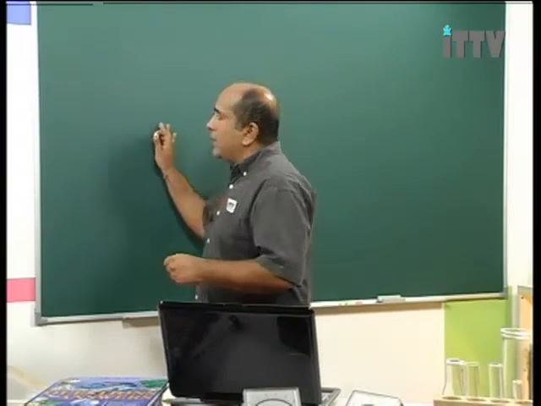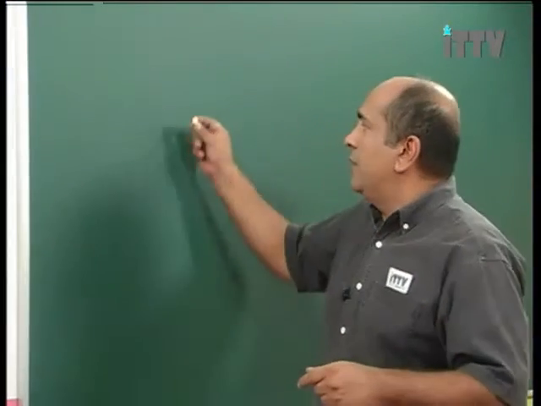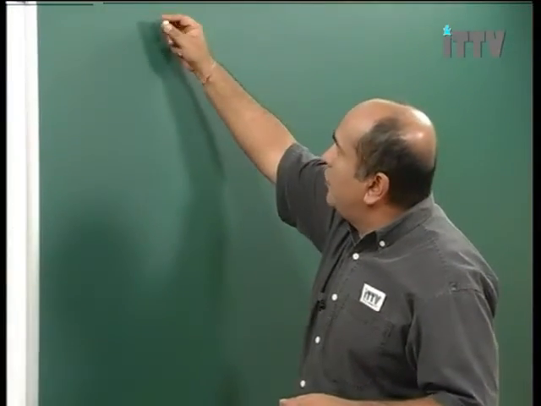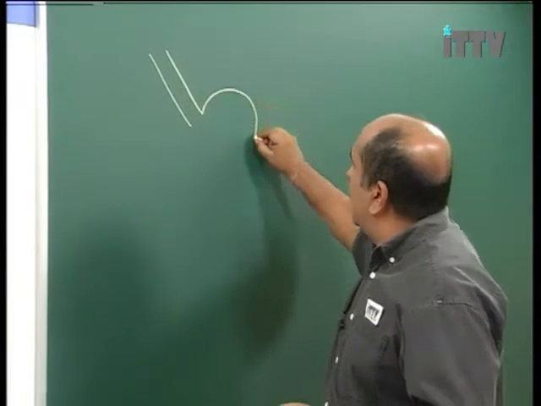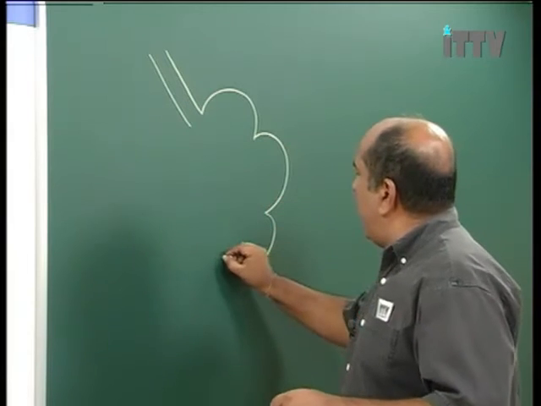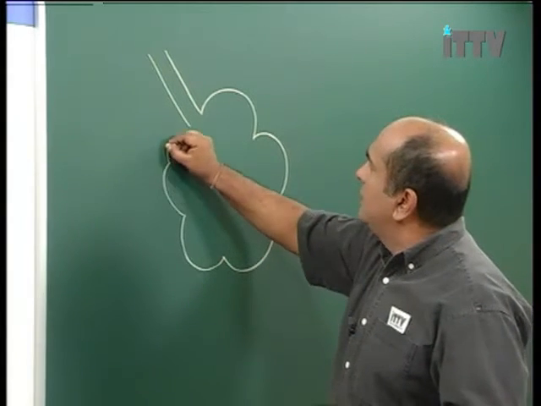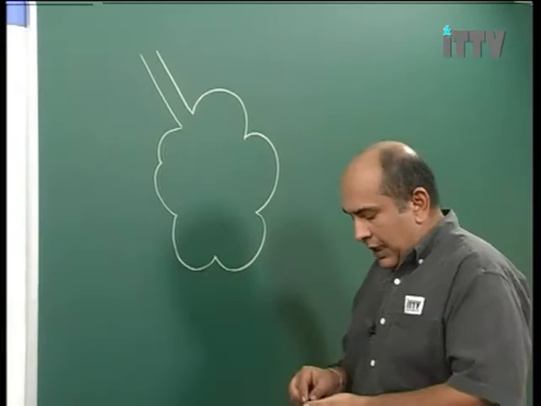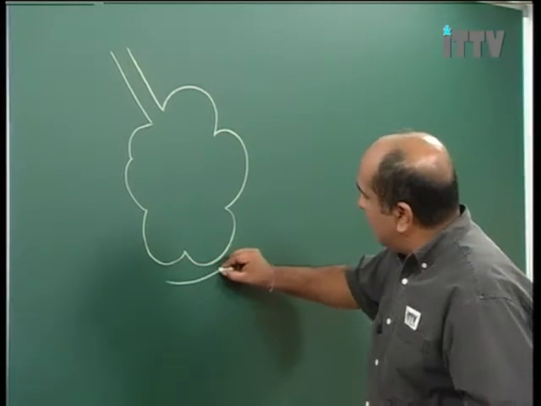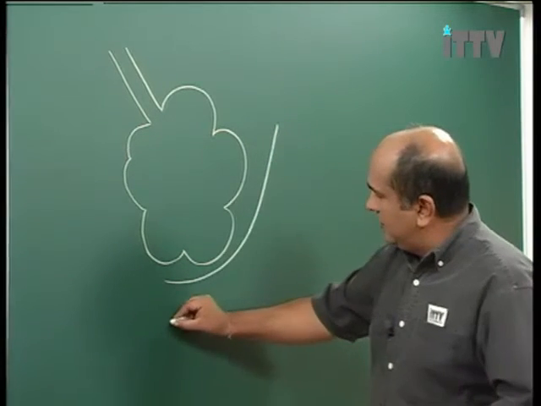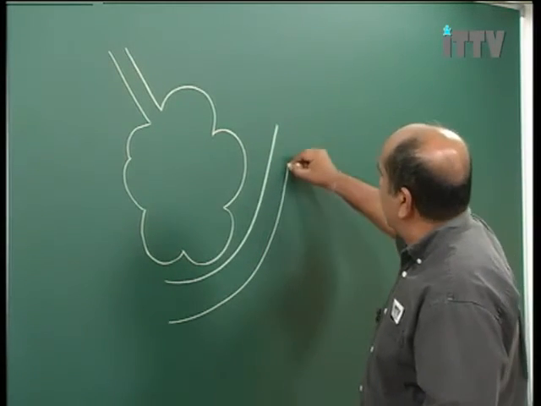So the first thing that we need to draw is obviously the alveoli. So we come in through an alveoli like this. Remember, the alveoli is folded like so. Let's also draw ourselves a blood capillary over here, like so.